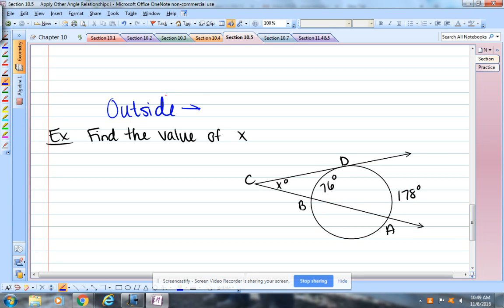So what are we going to do to our arc measure? The measure of angle C, but we're going to say X, is going to be 1/2 the difference of the two arcs. The larger arc is 178 degrees, and we're going to subtract.